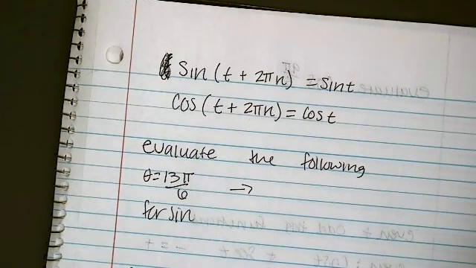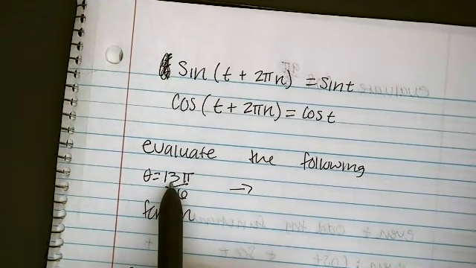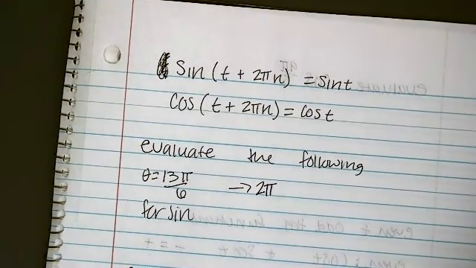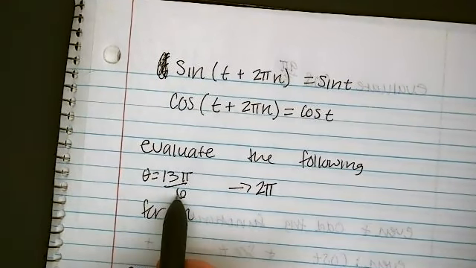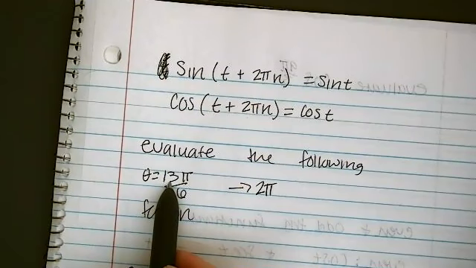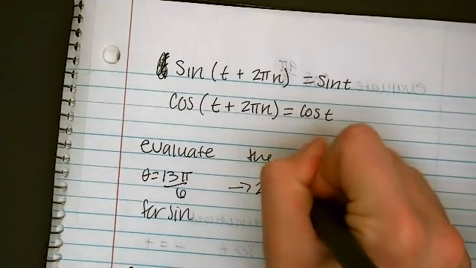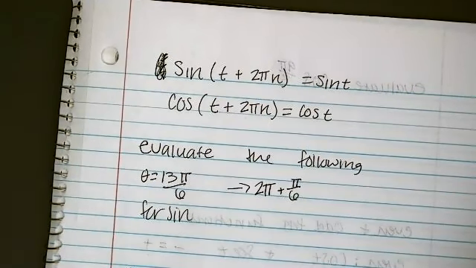Not 2.5 times, but wholly. 6 can go into 13 twice. That's representing 2 pi. 6 times 2 would be 12, so 13 minus 12 is 1, meaning I have 1 pi over 6 left over after taking out that 2 pi.